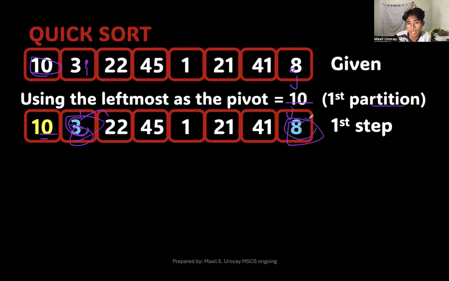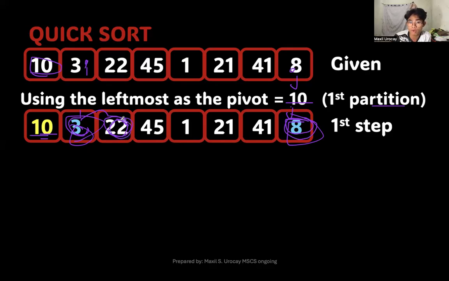Since 8 right now is less than the pivot, you cannot decrement that one, and you will check for another I that signifies a greater value than your pivot so that you can swap I and J. So 22 is greater than the value of 10, your pivot.